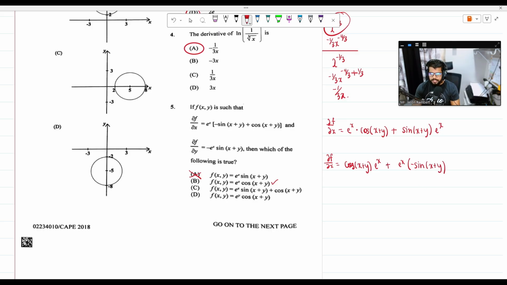So I'm getting del f del x. When I factorize e to the x, I get e to the x times minus sine(x plus y), and I get e to the x plus cosine. Good. So let's differentiate this same function with respect to y now.